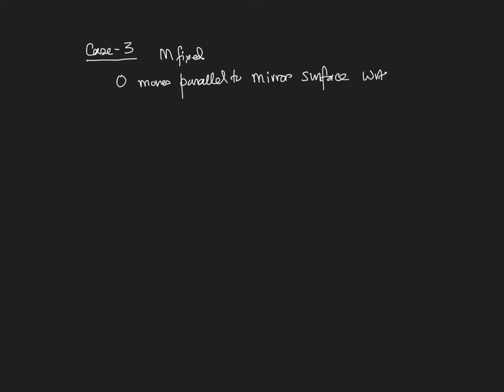Let's do case 3. Here, say the mirror M is fixed, the object is O, and O moves parallel to the mirror surface. Then what happens with velocity?